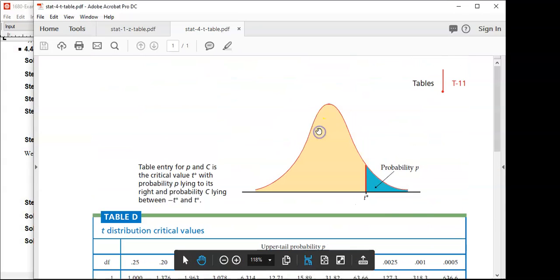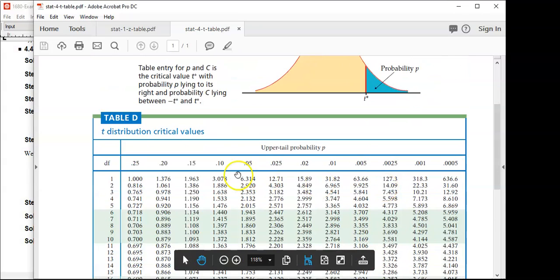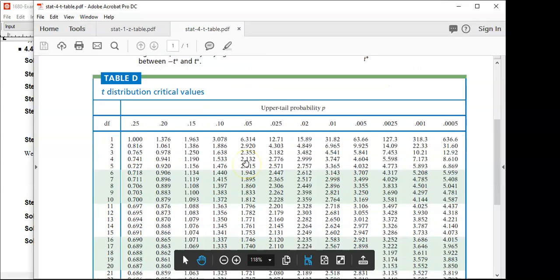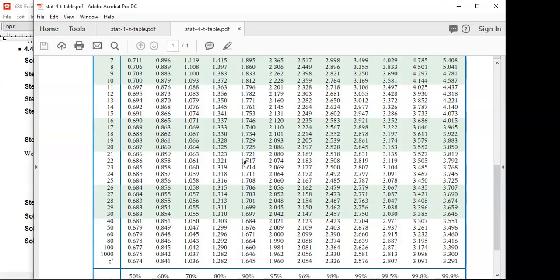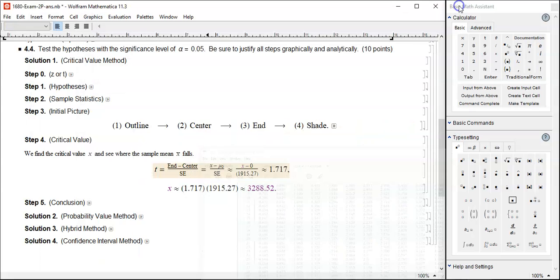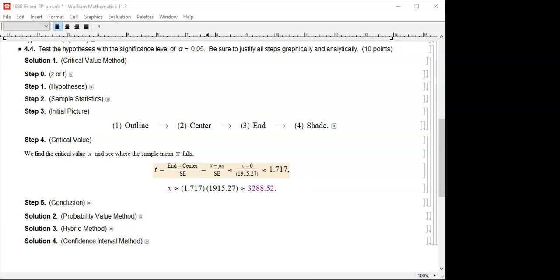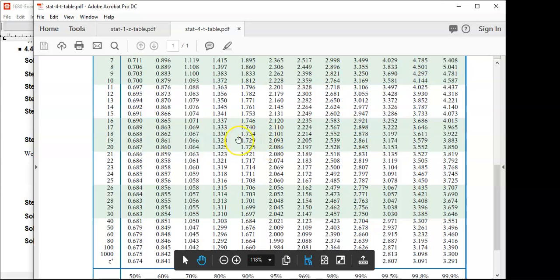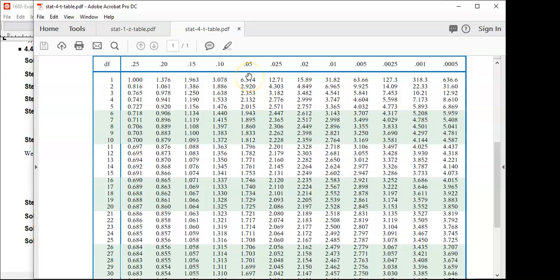This is 5%, so 5% here, and then go down to degree of freedom of 22, 1.717. That's how I got this 1.717. See, t-table here. Degree of freedom is 22, 1.717 here. That came from 5%.